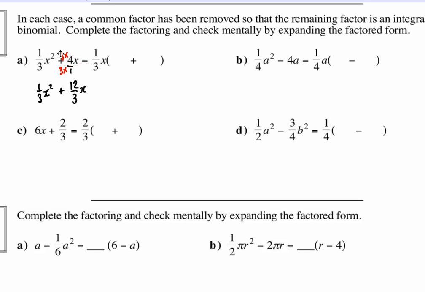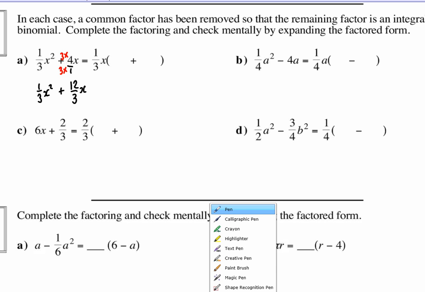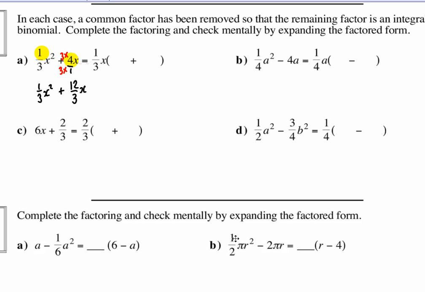Okay, so what we're going to do is pull out our common factor. Looking at the numerators of 1 and 12, the only thing I can factor out is 1. Looking at the denominators, 3 and 3, I can factor out a denominator of 3. And then x squared and x, I can factor out an x.